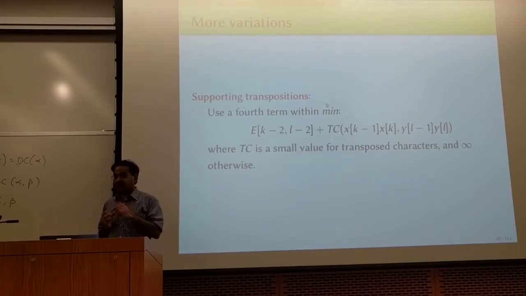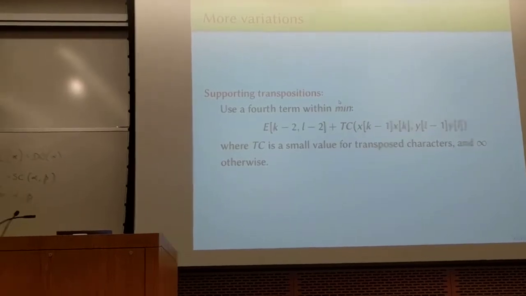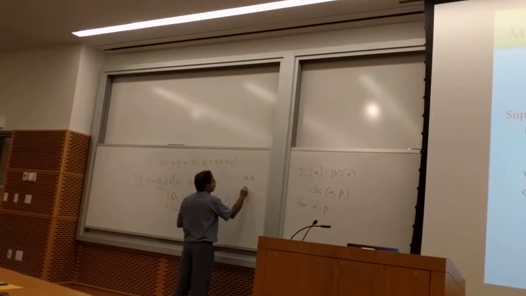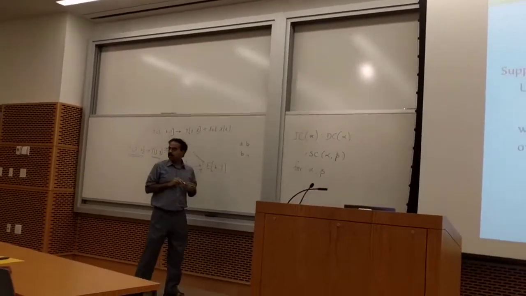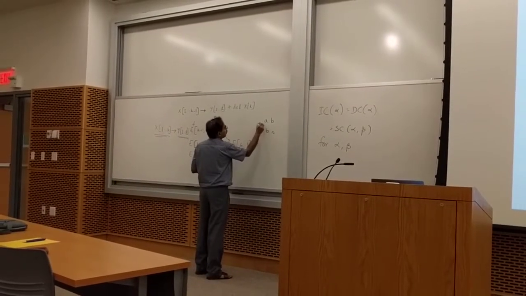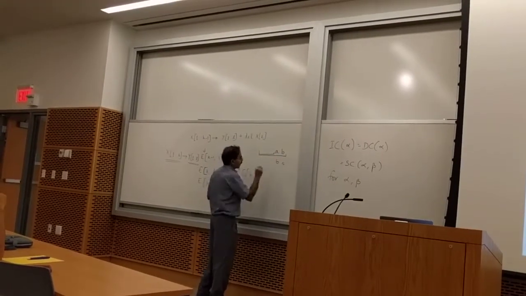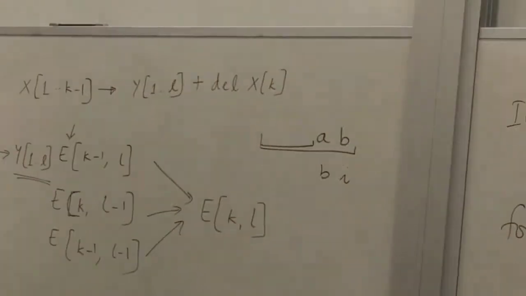Right, switch 2 characters. So basically what you want is to allow, say, AB to match BA. In order to do that, you have to jump from a prefix of this length to a prefix of that length, so you have to jump up by 2.